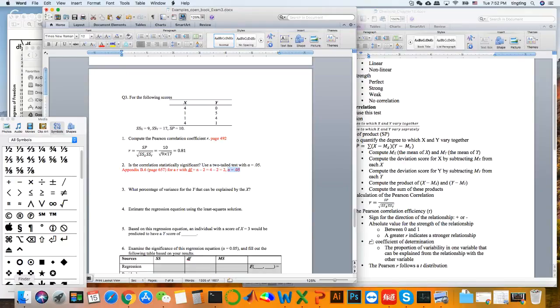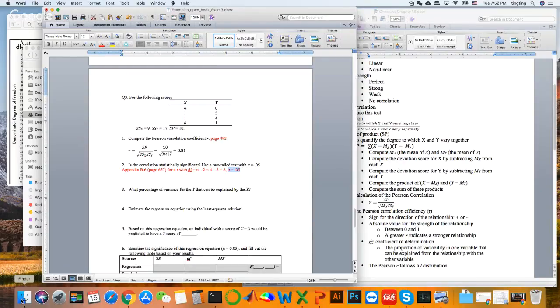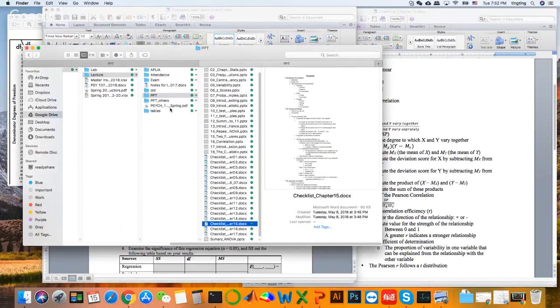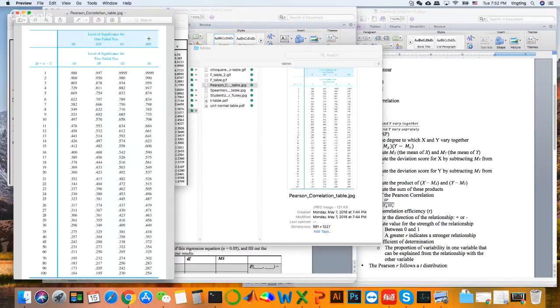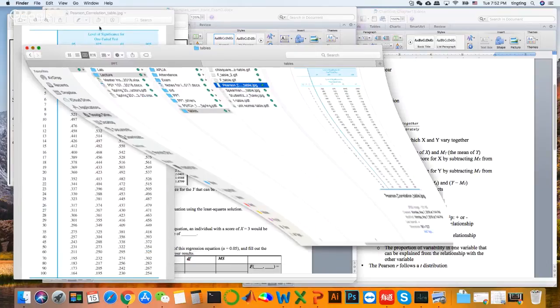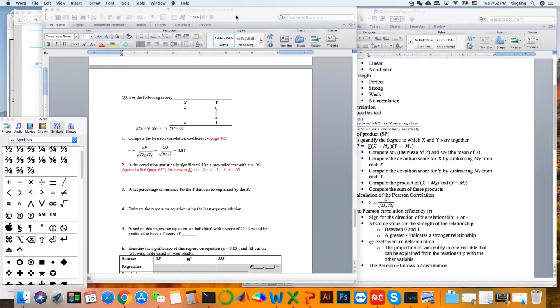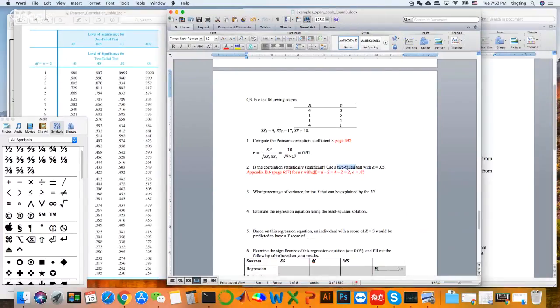Here we are going to make a decision. So let's find the Pearson correlation table. Here I tell you it's a two-tailed test, right?